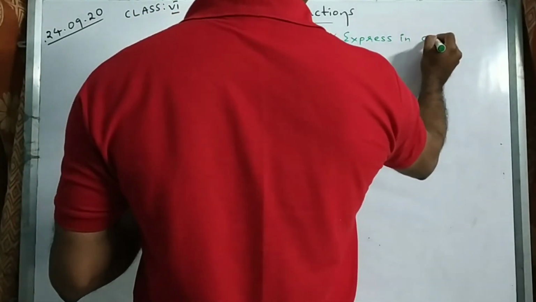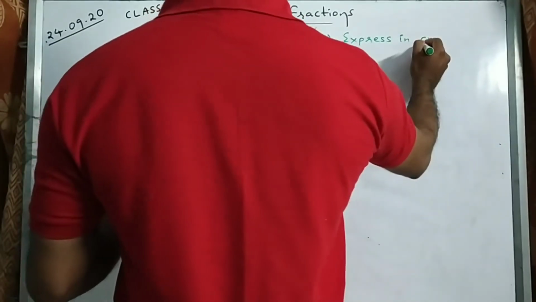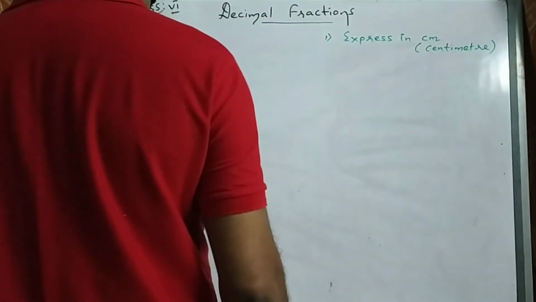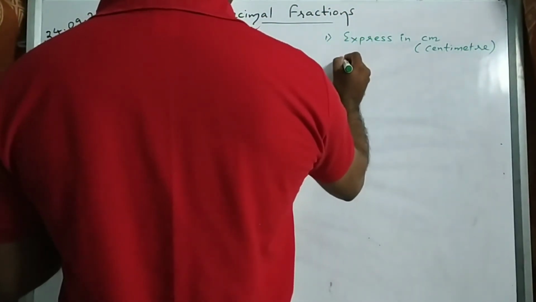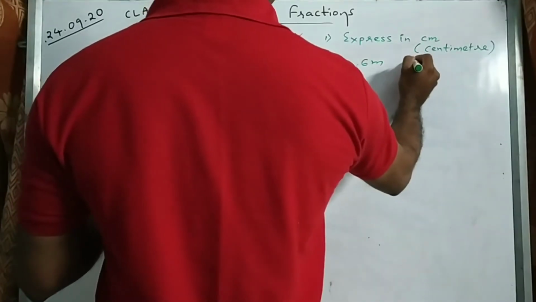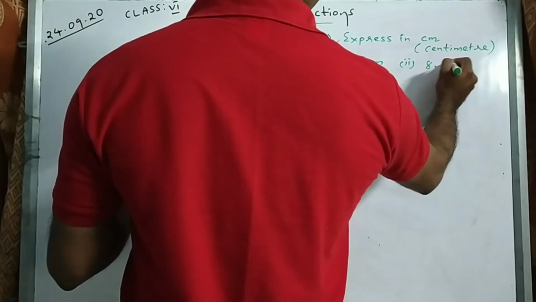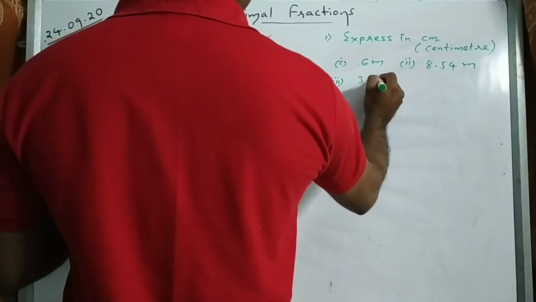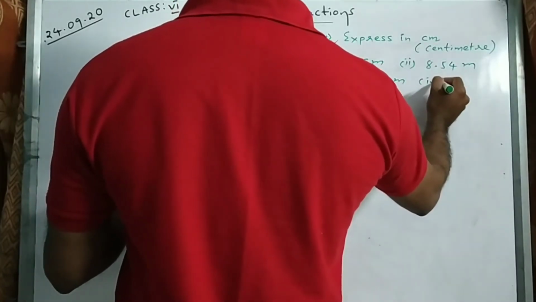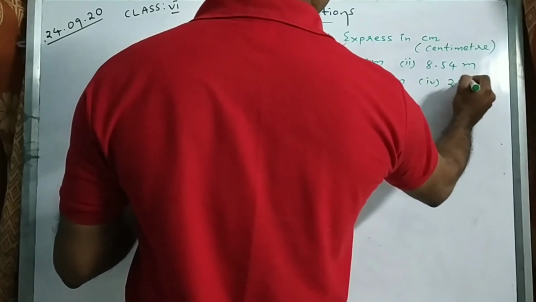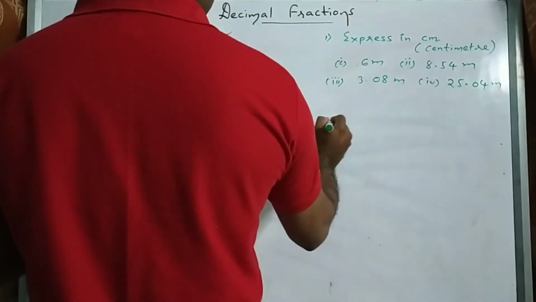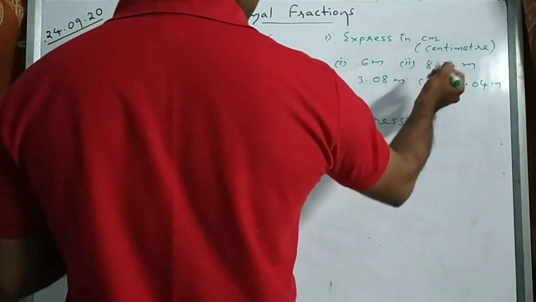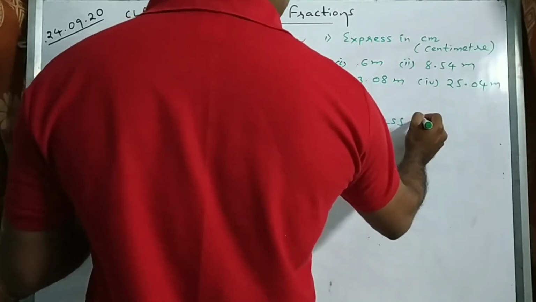First question is 6 meters. Second one, 8.54 meters. Third one, 3.08 meters. Fourth one, 25.04 meters. This is meters to centimeters. Second question, express in meters.